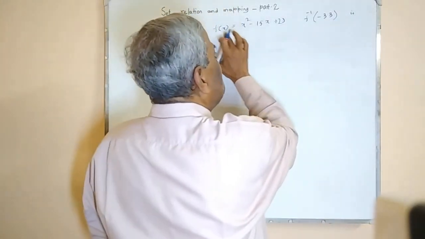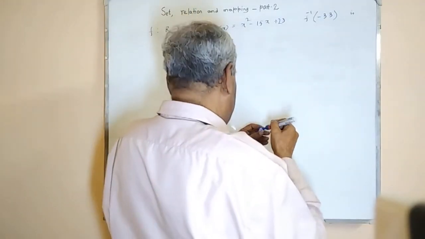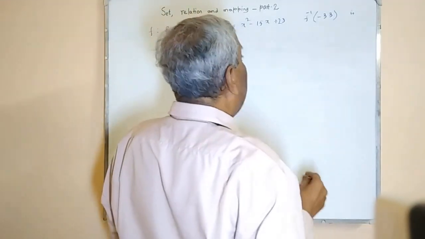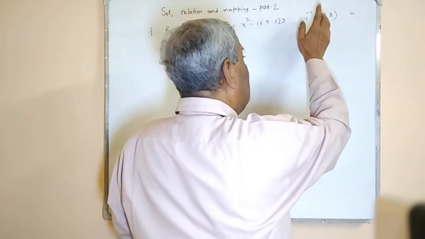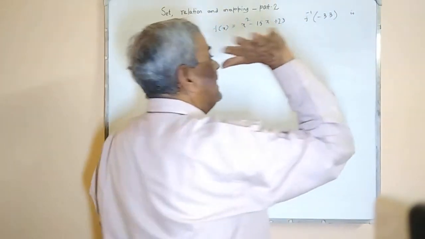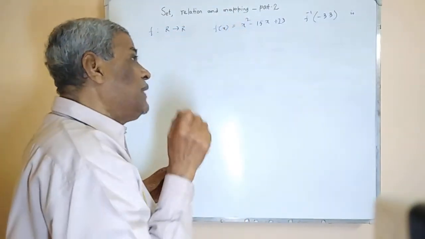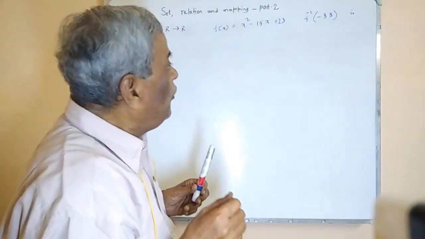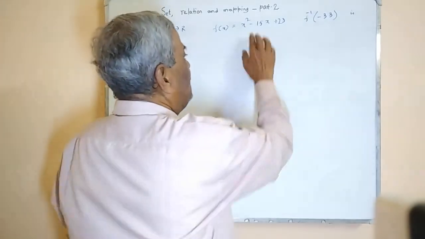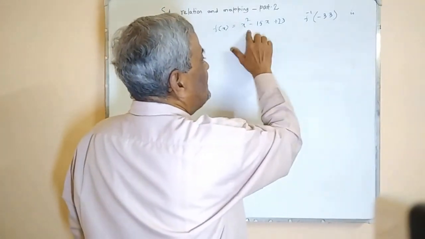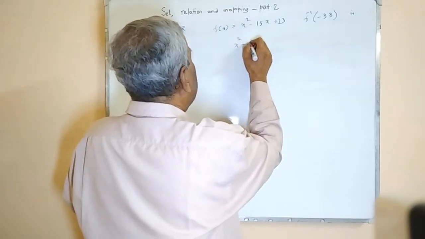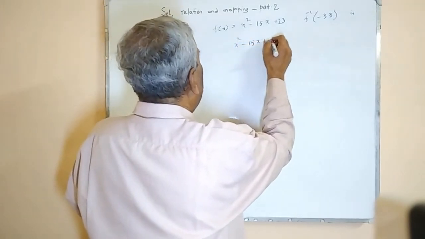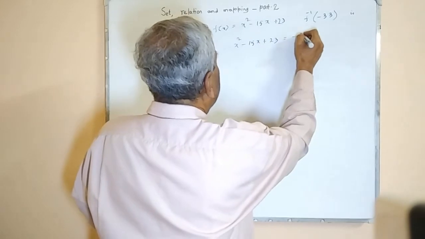So f(x) is equal to this, then to find the values of x such that its inverse function is -33. That means we have to find all values of x for which this becomes -33. That is, we get x² - 15x + 23 = -33.